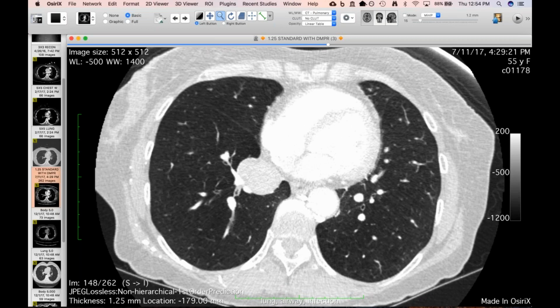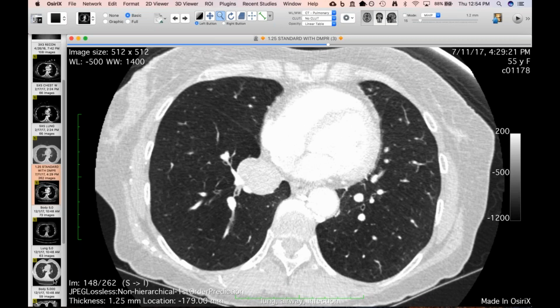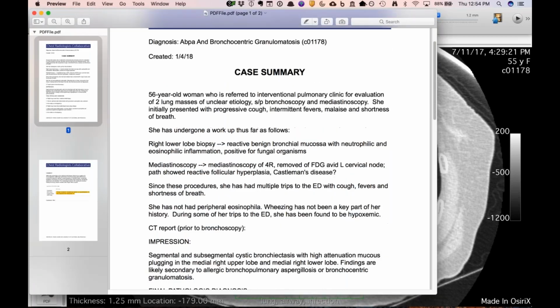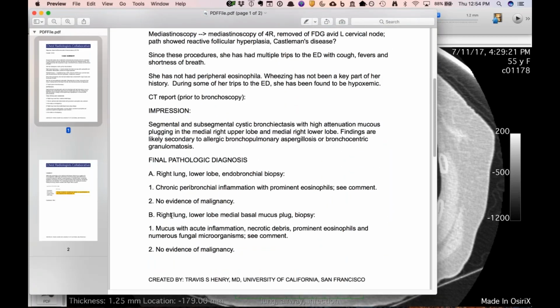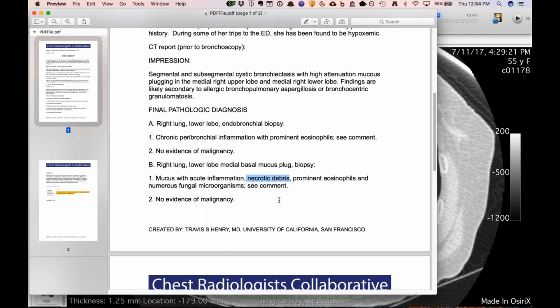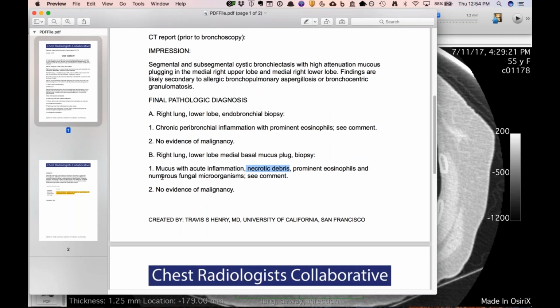And sure enough, he went in and bronched her again, and this time they got just florid inflammation with eosinophils, acute inflammation, some necrosis, which they think may be a component of bronchocentric granulomatosis, and then fungi that eventually did grow aspergillus.